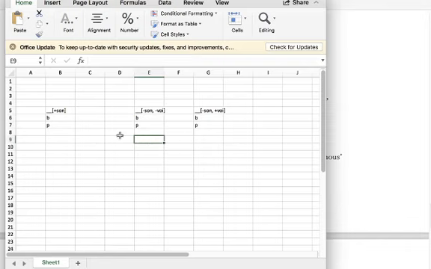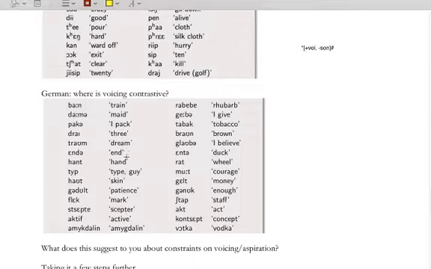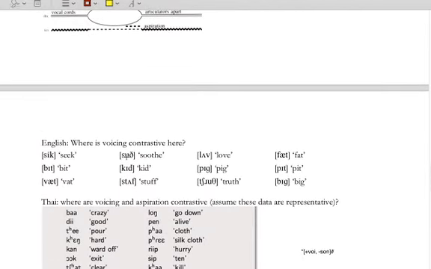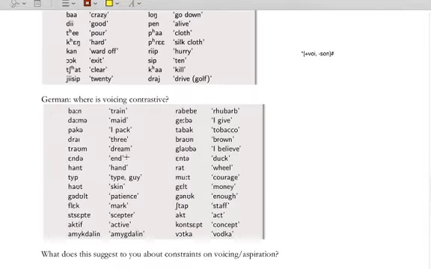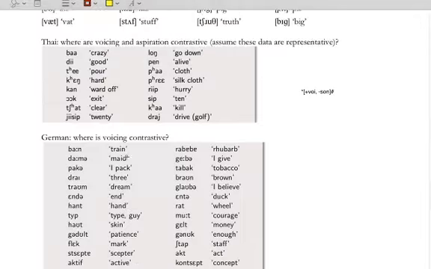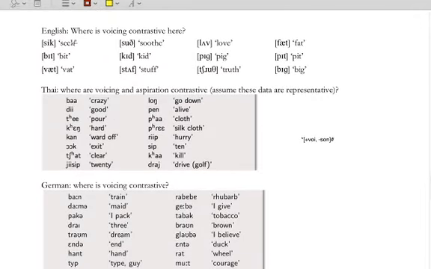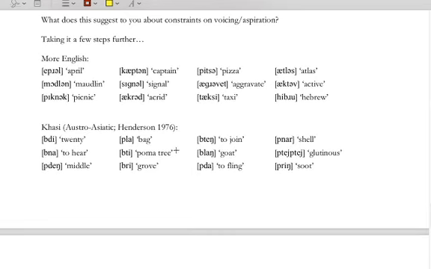Right? Here we go. What we're basically seeing when we look typologically at everything we've just done is that there's a variety of languages that allow voicing contrasts, and all of the languages we've seen here, if they have voicing contrasts anywhere, they have them before vowels, for sure. So that's true in English, true in Thai, true in German, and true in Khasi.